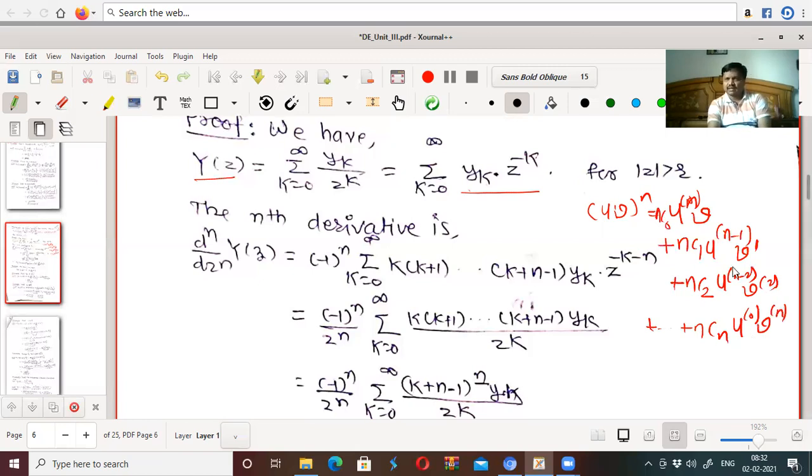This is the formula for finding the nth derivative of a product of two functions.